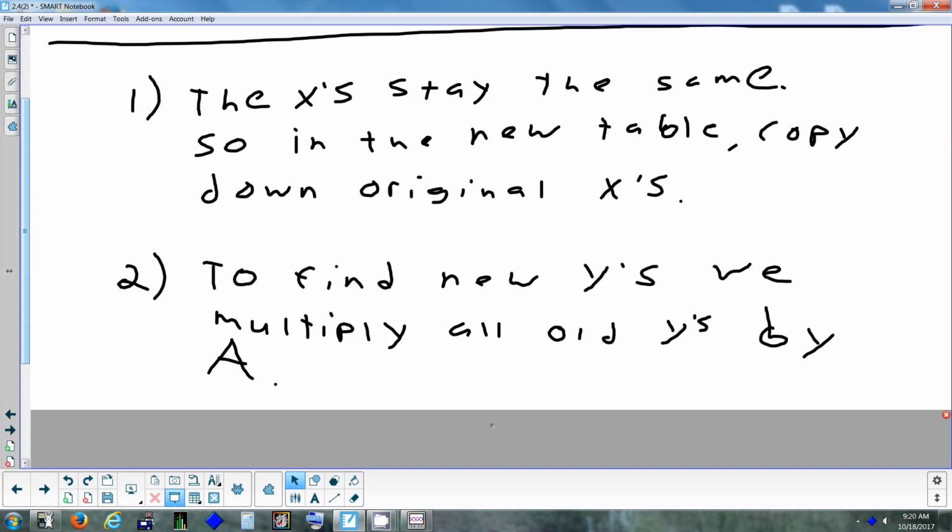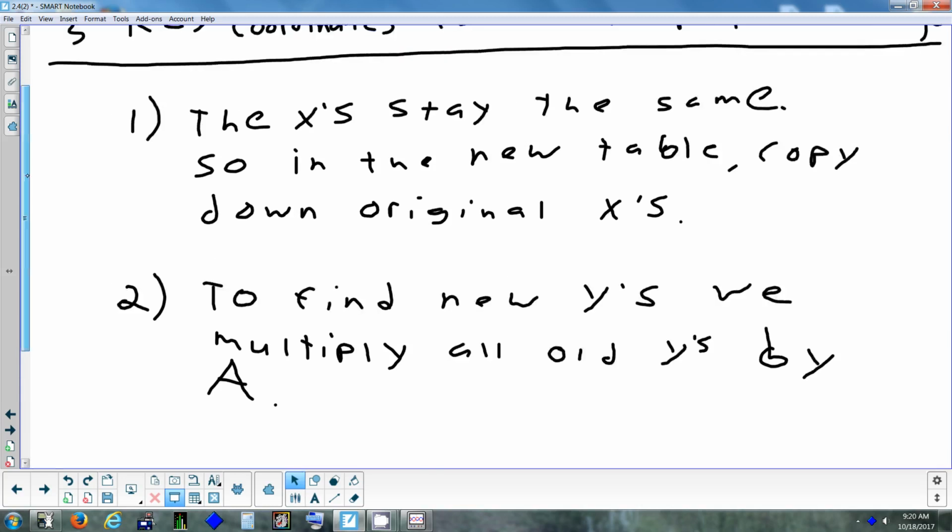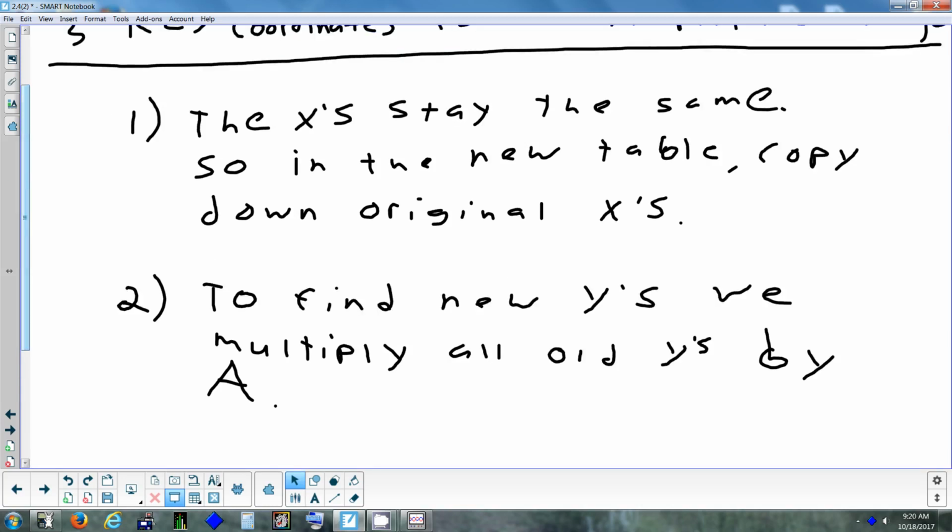So multiply all old y values by a. Any question on what's staying the same, and then what's changing and how we change it?